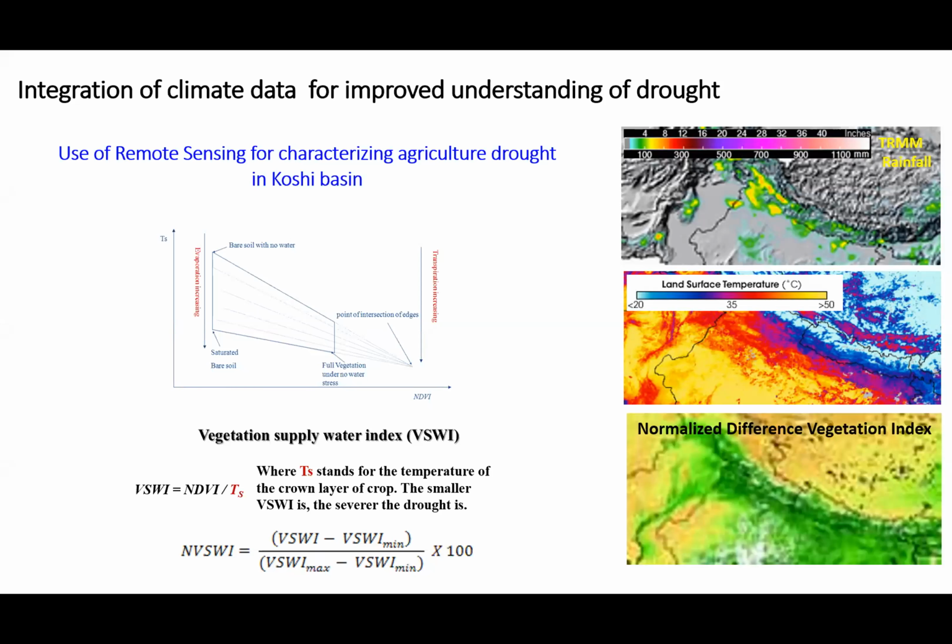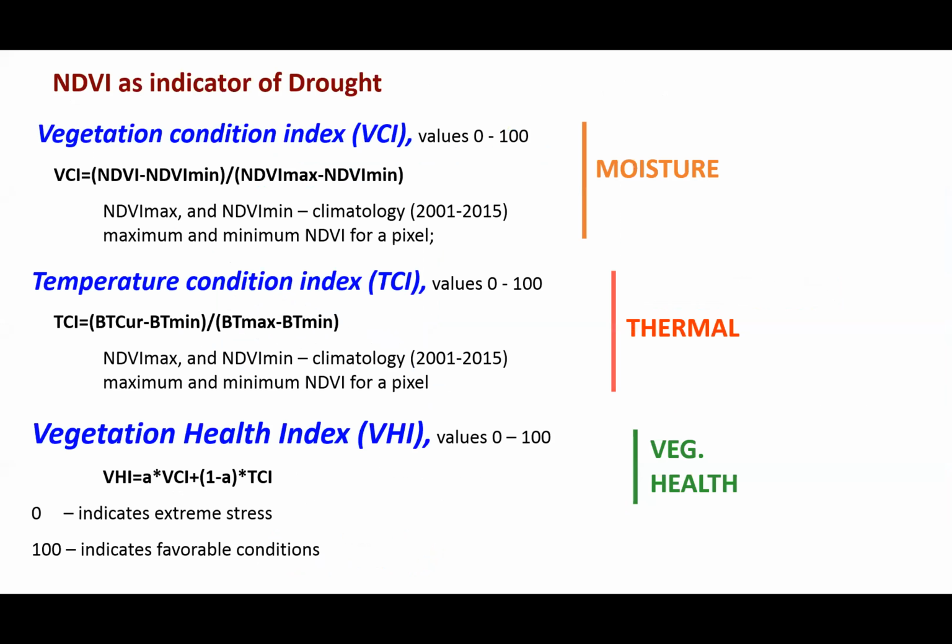So it is important that we blend those climatic and vegetation indicators together, and then apply those composite indices for drought monitoring. One of the drought monitoring indices which we tried is the vegetation supply index, which includes precipitation and temperature for monitoring vegetation health. These are simple explanations of three indices: we included VCI, temperature condition, and vegetation health index.